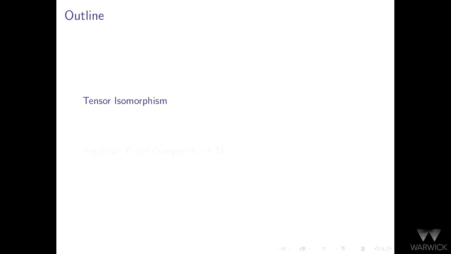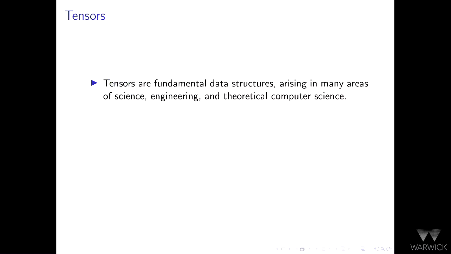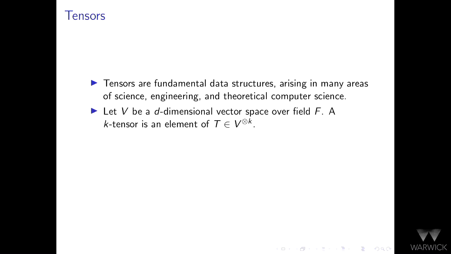So first of all, let's define the tensor isomorphism problem. What is a tensor? Tensors are fundamental data structures that arise in many different areas of science, engineering, and now in theoretical computer science.